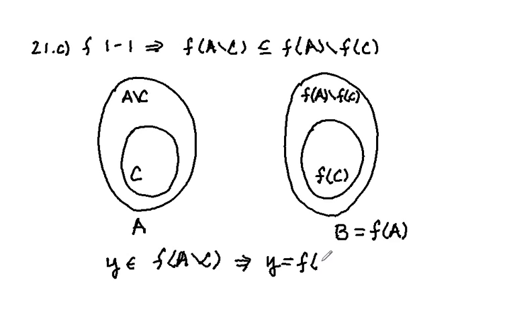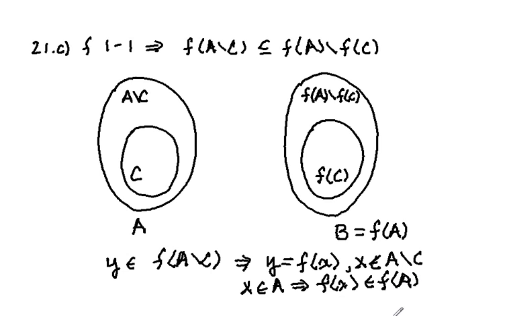So this is f of x, where x is in A minus C. So x is in A, it's not in C. So we know right off, since x is in A, that f of x is in f of A.